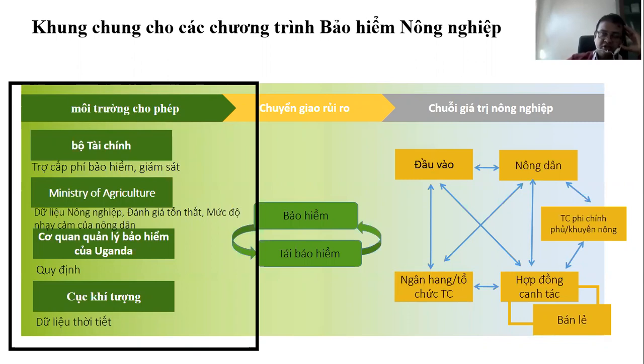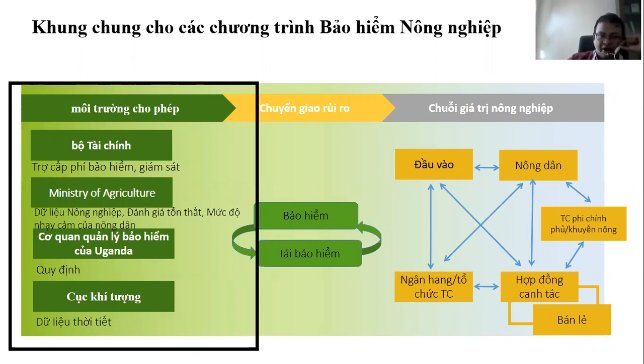Ministry of Agriculture, their roles would be relating to provision of agricultural data. They might play a role in loss assessment or in terms of the awareness or sensitization of farmers. The insurance regulatory authority also has a very key role to play. Sorry, it says Uganda there. It's a mistake.